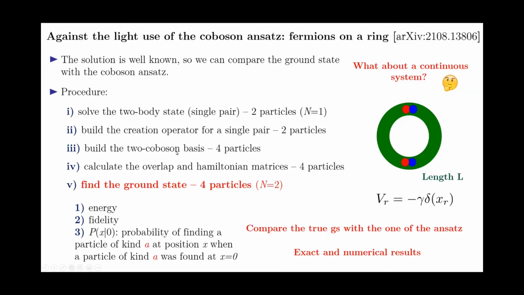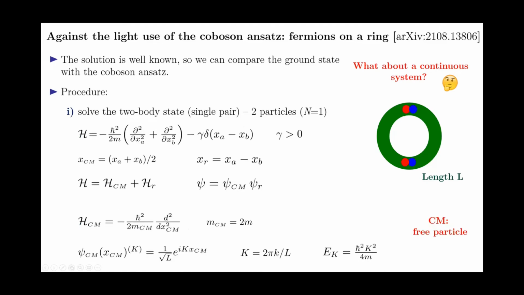Having that basis, we calculate the overlap and Hamiltonian matrices, and with those matrices we find the ground state. Then, having the ground state, we can calculate the fidelity between the true ground state and the one given by the ansatz. We also calculate the conditional probability of finding a red particle in a given position when another red particle was found at zero position.